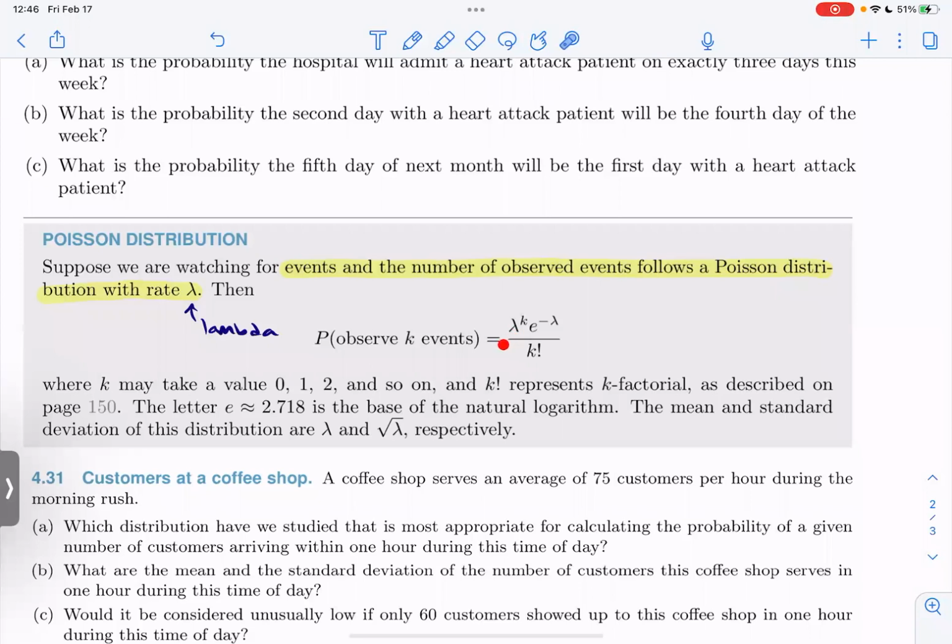So the probability that you observe K events at some rate, then you take the rate to the power of K and e to the negative lambda, over K factorial. K factorial is K times K minus 1 times K minus 2, all the way up to 2 times 1. You just multiply through.